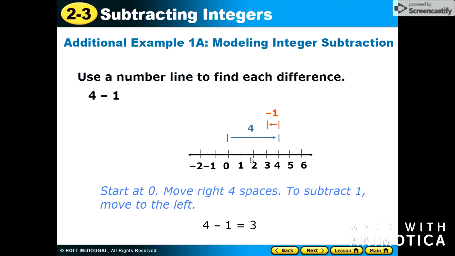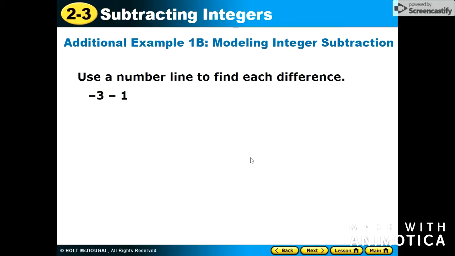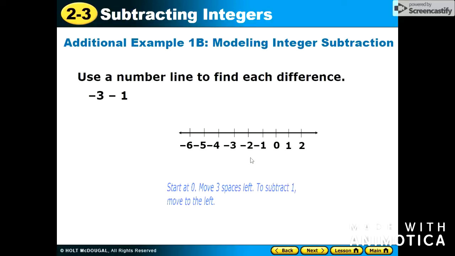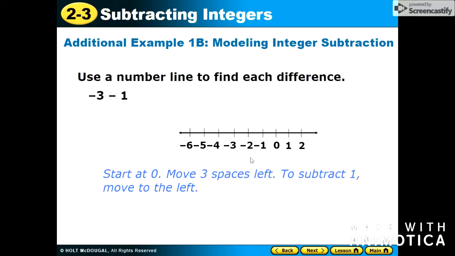Let's look at letter B, where now we've got a negative number and we're subtracting 1 from that, okay? So here's my number line, and again, start at 0 like always, and our first number is negative 3, so we need to move to the left 3 spots, okay?